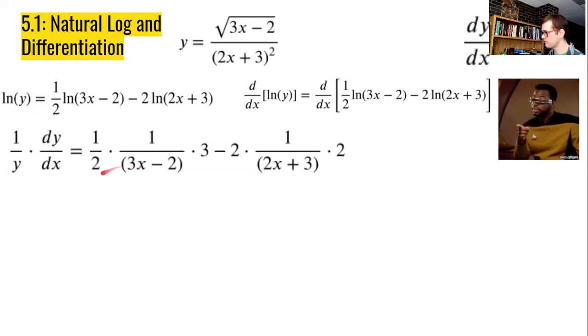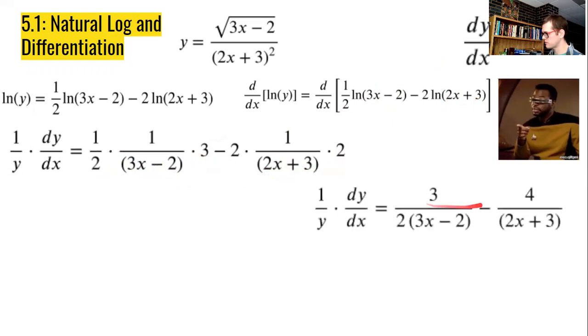So here's the derivative of 1/2 natural log of 3x minus 2. Notice the times 3 because of the derivative of the inside. And then 2 times 1 over 2x plus 3 times 2, which again is the derivative there. Let's clean that up a little bit. I could multiply that 2 out through the bottom. I just chose not to.